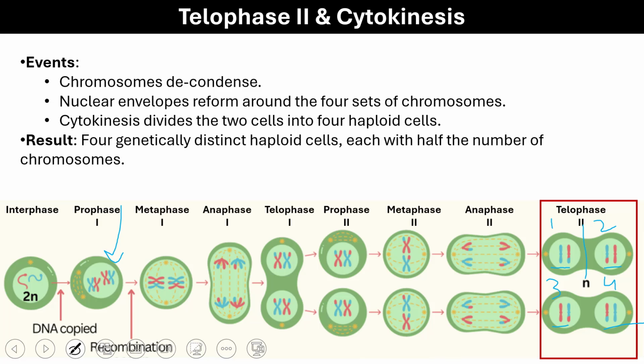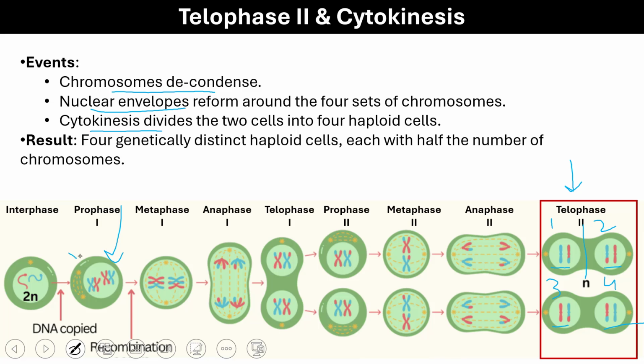In telophase, the chromosomes will decondense, the nuclear envelope will reappear, and this will lead to cytokinesis. After cytokinesis, we will have 4 daughter cells with half the number of chromosomes. That means they will be called haploid cells.